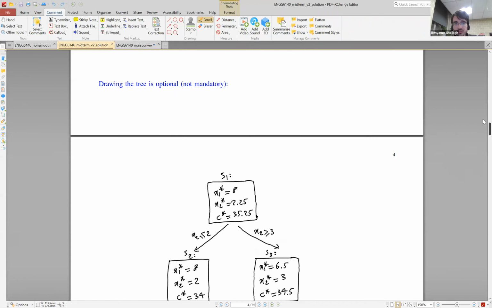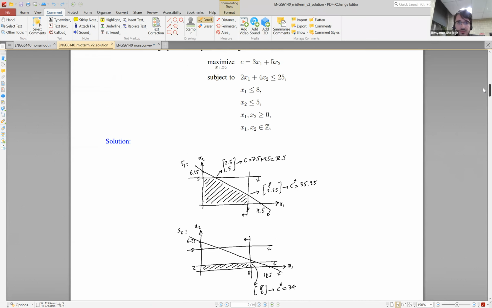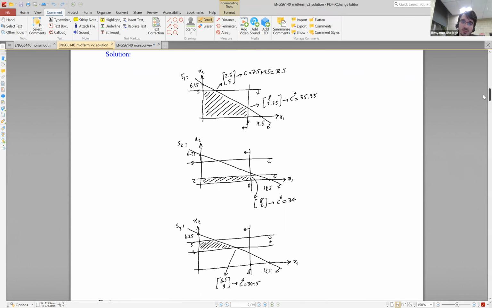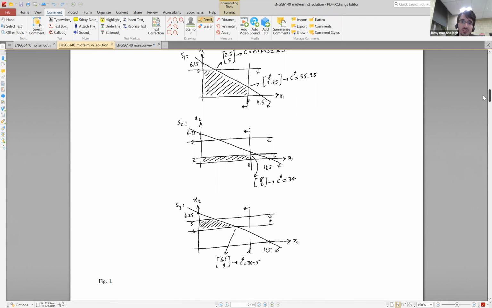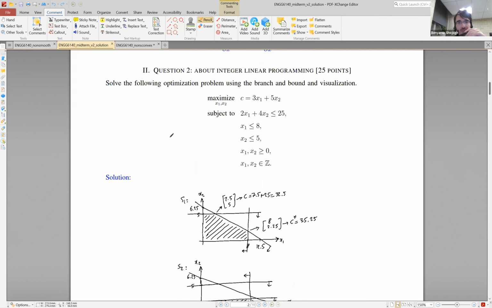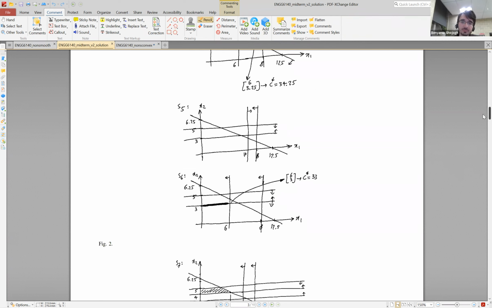And again, as we have only two variables, we can simply solve it using the visualization method. By visualization, we can find the extreme points in the feasible set and then evaluate the cost at the extreme points, and, as it is a maximization problem, find the extreme point which has the maximum cost value.